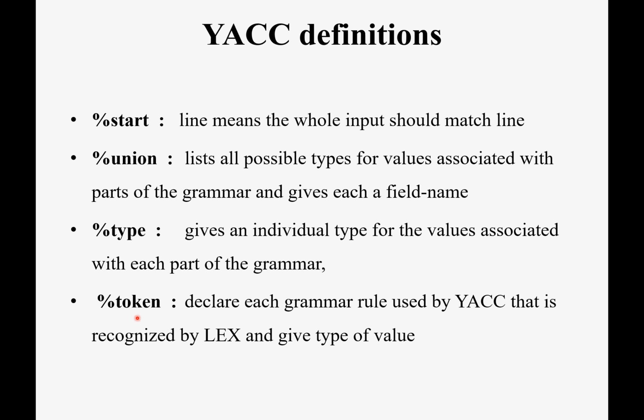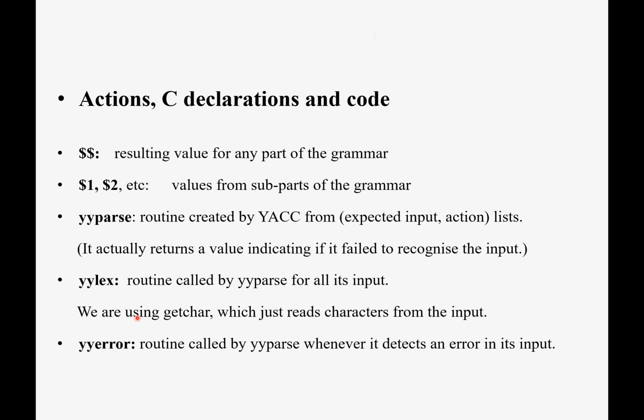So these are some declarations. Again, in the calculator program we use $1, $2, in this way. So what is the meaning of the dollar? The $$ represents the resultant value for any part of the grammar. We will see it in detail. Then $1 and $2 represent values for sub parts of the grammar.